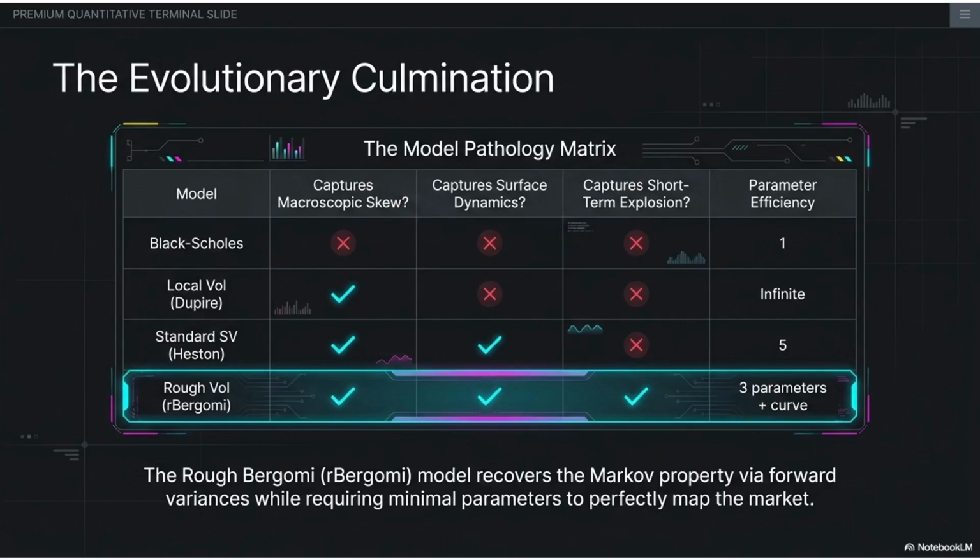The rough Bergomi model captures microscopic skew, surface dynamics, and short-term explosion, all with immense parameter efficiency. It covers the Markov property with forward variance while requiring minimal parameters, just 3 parameters plus the curve, to perfectly map the market.